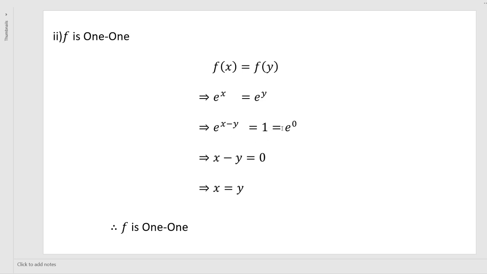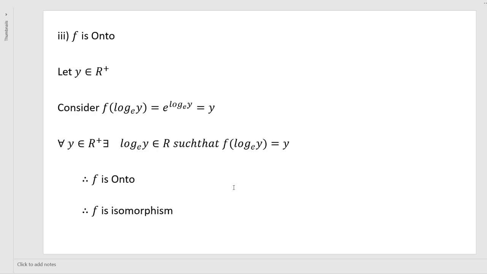Here the bases are same, right? So e^(x−y) = 1 is possible only when x − y = 0. So x − y = 0 means x = y. Therefore f is a one-one function.